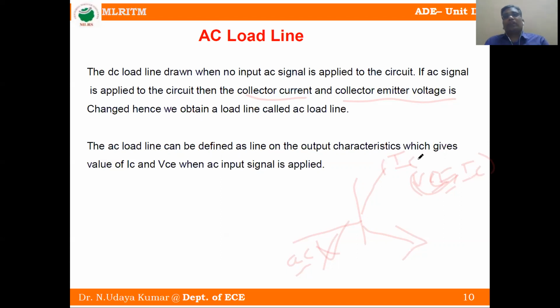Simply remember: whenever an AC input signal is given, the collector current and collector emitter voltage change, and that line we call the AC load line. DC load line means we are not giving any AC signal to the transistor; then we find the collector emitter voltage and collector current at the output side, and we call it the DC load line.